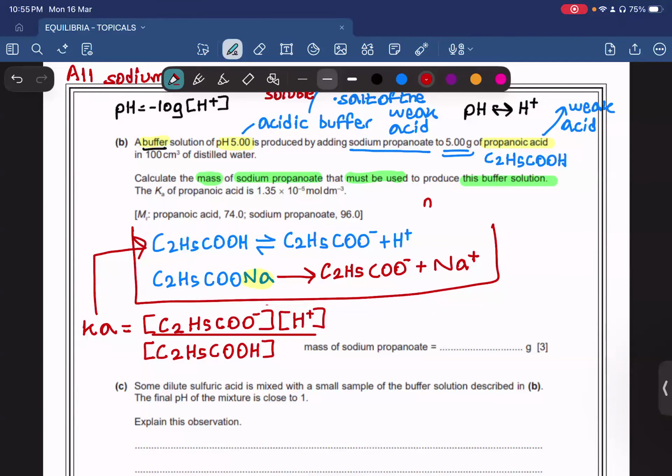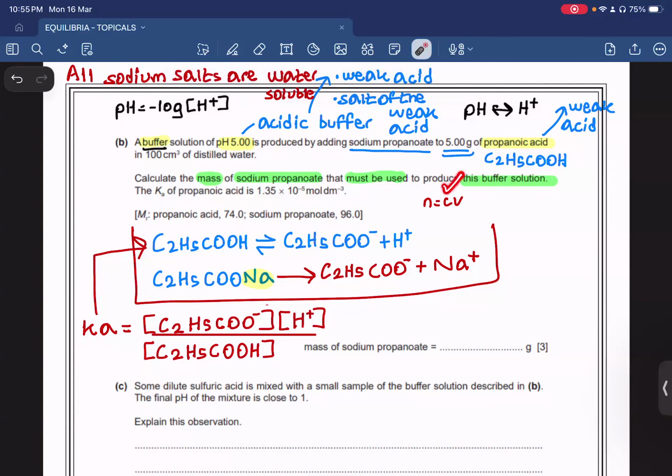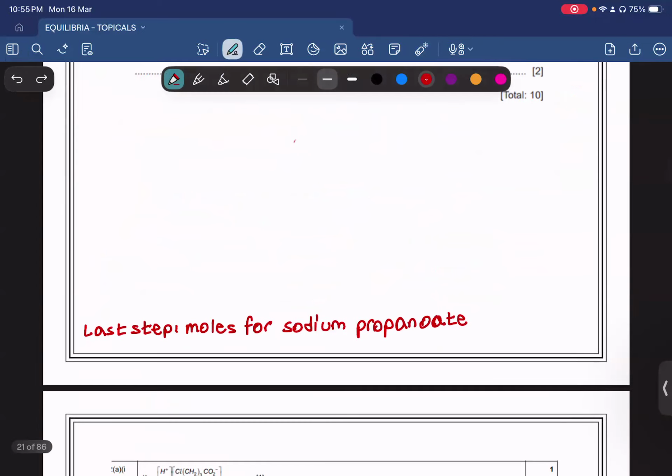So remember this formula, n equals CV. If you have the concentration at equilibrium and you have the volume at equilibrium, you can get the moles. So in order to find the moles of sodium propanoate, we are going to have to find the concentration of sodium propanoate.